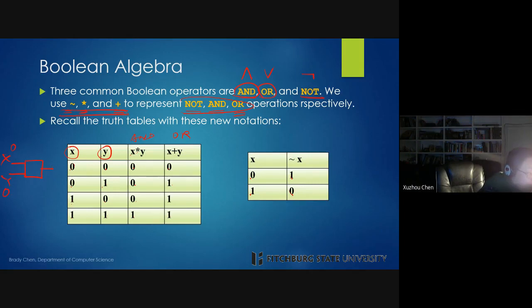If this is an AND operation, which is basically we use the asterisk, in this case it's not a multiplication, it's an AND operation, then you can generate output 0. Now if it's 0, 1, then you can generate output 0. And 1, 0, you generate output 0. Now, until you have 1 and 1, then you're going to generate output 1.